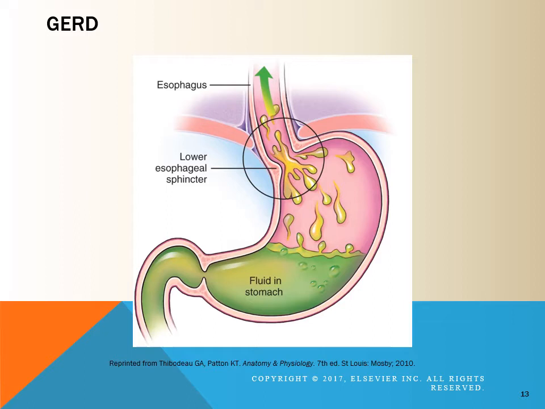And then in this picture, we also see the lower esophageal sphincter. So this is the esophagus, and this is the sphincter that controls movement into the stomach. So this is the LES, lower esophageal sphincter, pictured here, as well as this acidic fluid in the stomach trying to push its way back into the esophagus. So we're seeing two different things that we just talked about here in this slide.